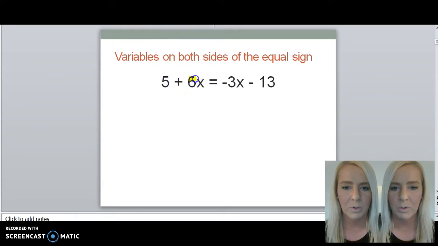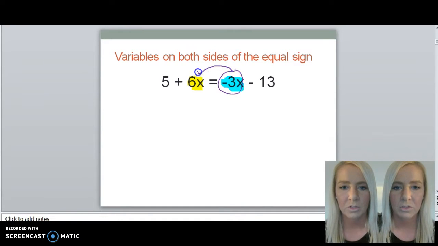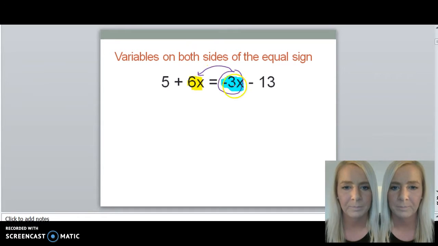Again, I have variables on both sides of my equal sign, and I'm going to apply inverse operations to solve for my variable. I'm going to bring negative 3x to this side of the equation by applying inverse operations. The opposite of negative 3x is adding 3x to both sides.